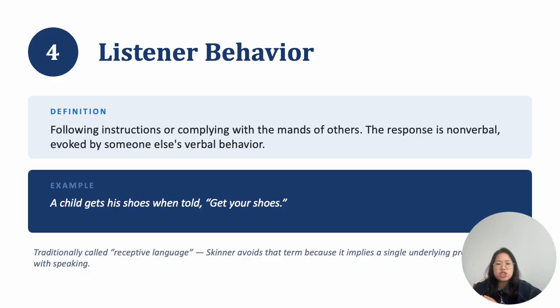A child gets his shoes when told, "Get your shoes." You'll often see this called receptive language in other programs, but Skinner deliberately avoids that term because it implies listener behavior and speaker behavior are two sides of one shared underlying process. And as we've already discussed, they're functionally separate skill sets that can develop at very different rates.